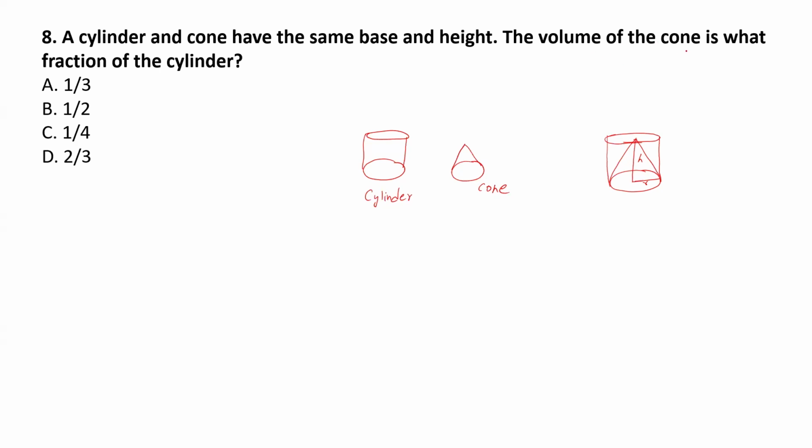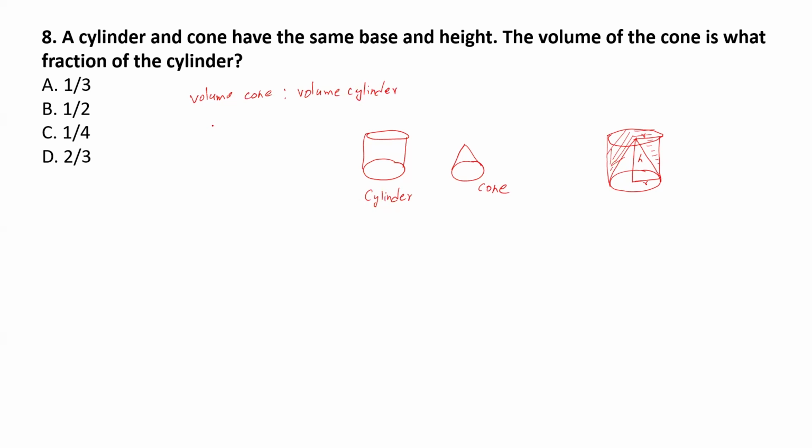The volume of the cone is what fraction of the cylinder? So volume of cone to volume of a cylinder, this you have to compute. First thing, you can see that volume of a cone will be lesser than volume of a cylinder, because in the cylinder you have this part extra, which is not there in the cone.